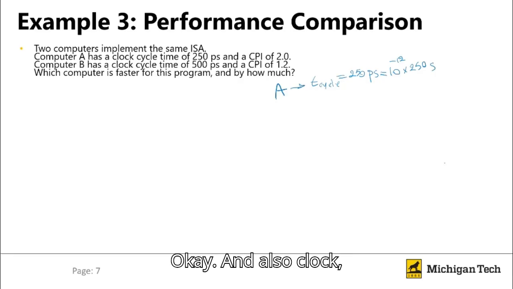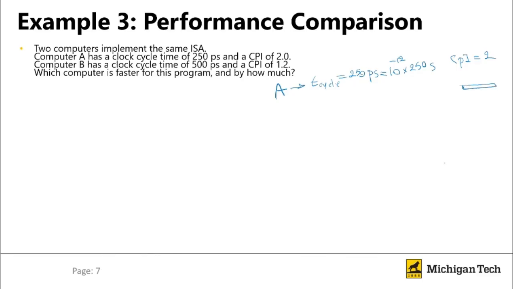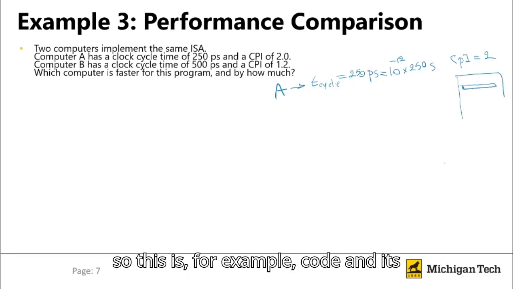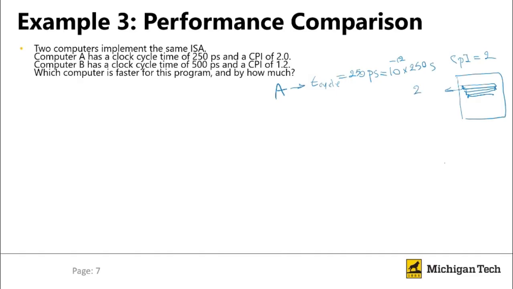Okay, and also clocks per instruction is 2. Clocks per instruction means each instruction, so for example this is code and its instructions, each instruction needs 2 clocks.